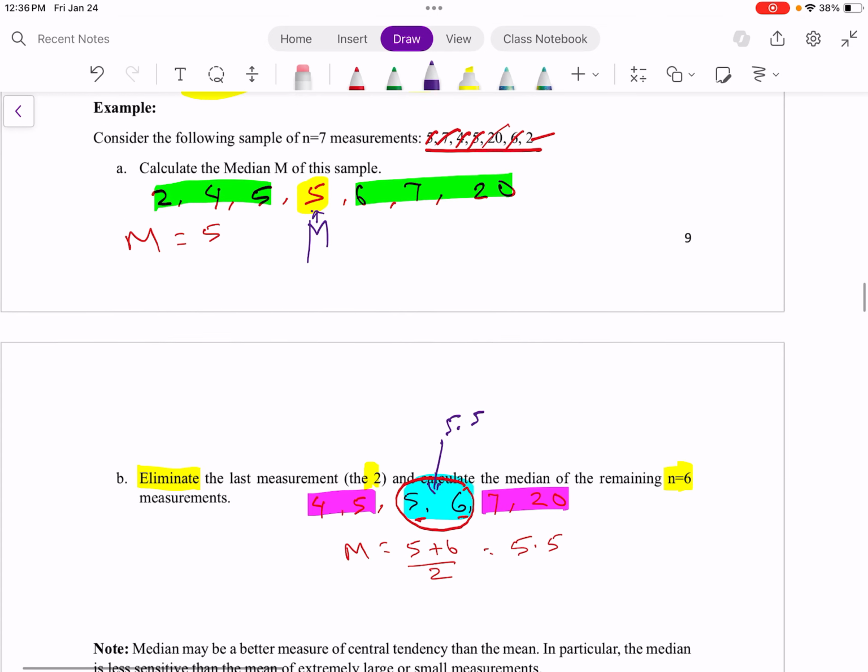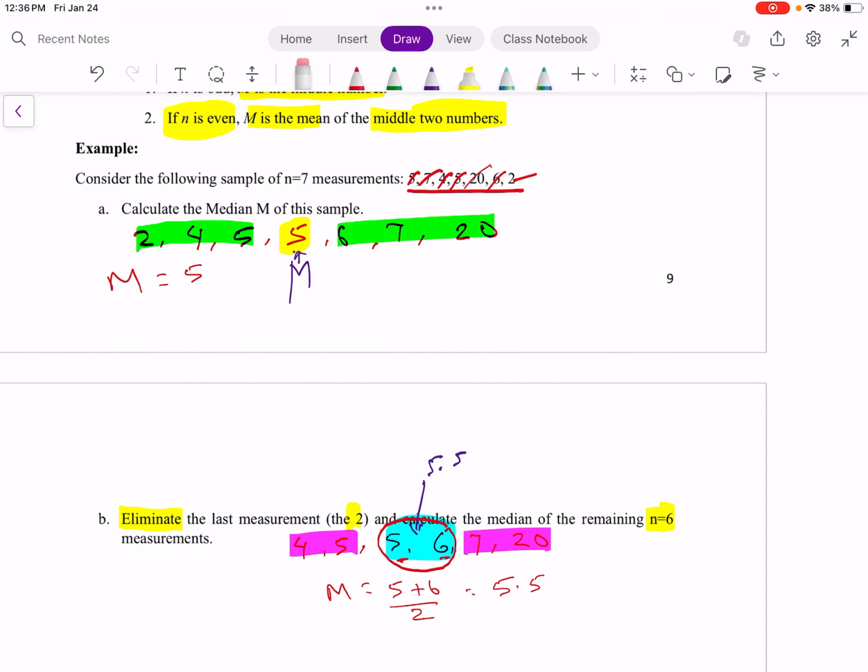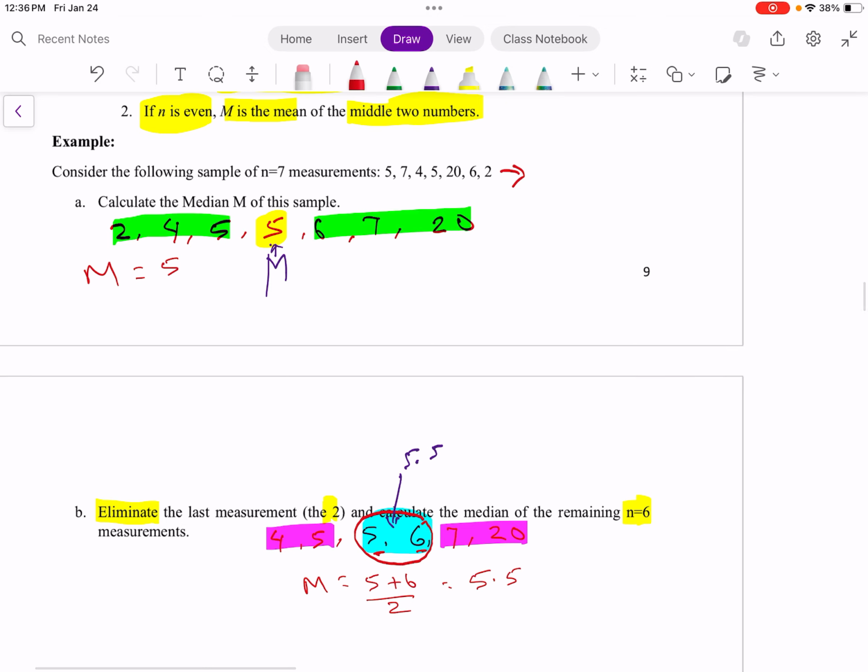Now for the same measurements, let's find the mean. Can you find the mean for this measurement and for part B as well? I want you to find the mean for this sample. Make sure to use the correct notation. What is the notation we will use for the mean for this measurement?